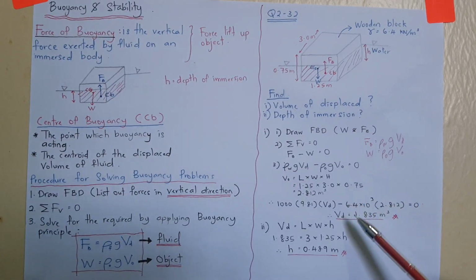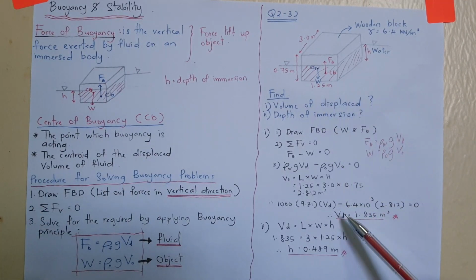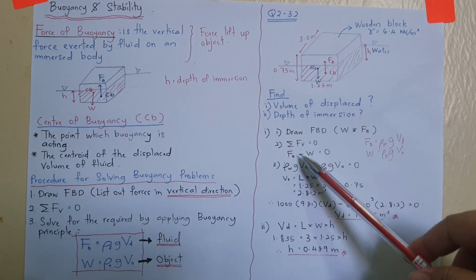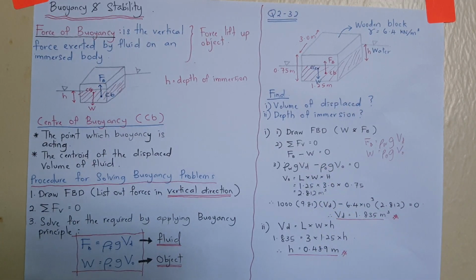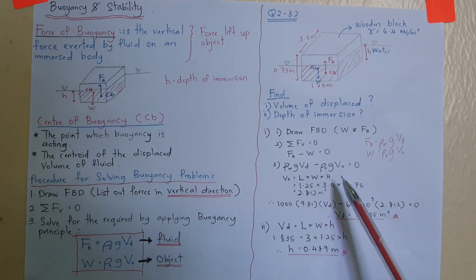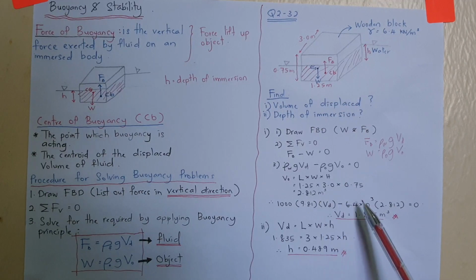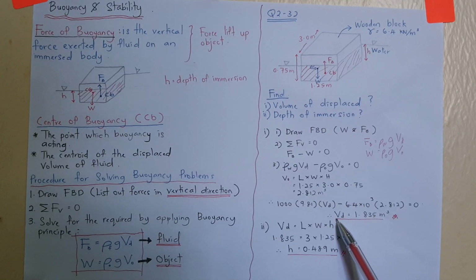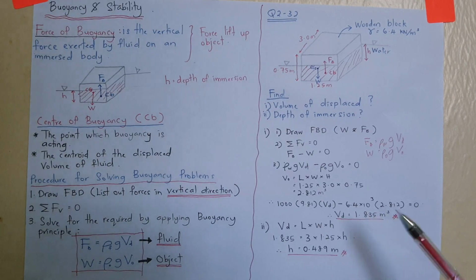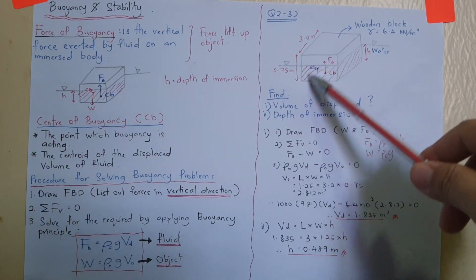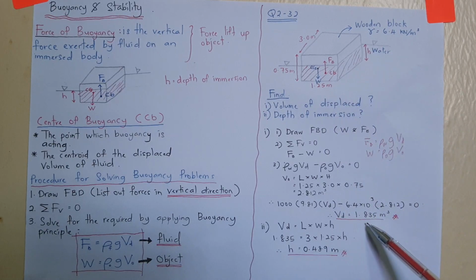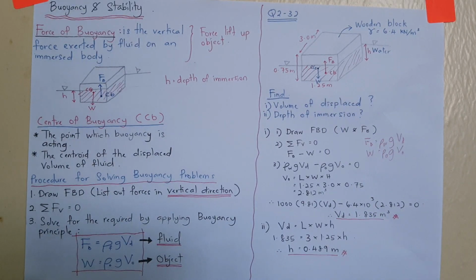Because the question is asking to calculate volume displaced, you keep it as volume displaced. After you plug the figures into the equation, we get volume displaced of 1.835, which means the shaded volume is 1.835 meter cube.